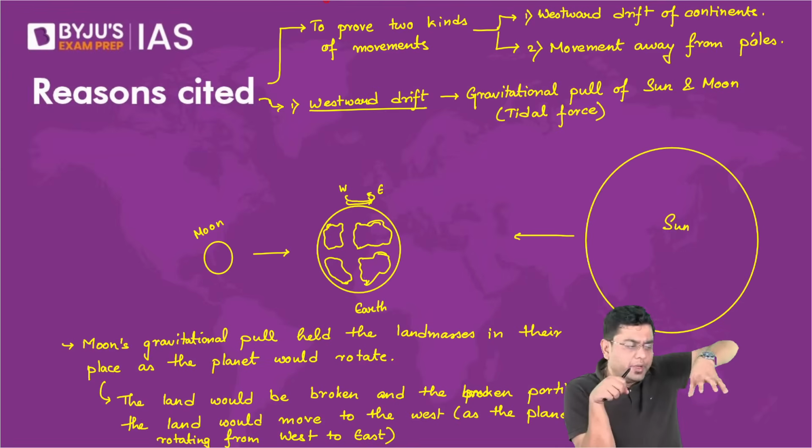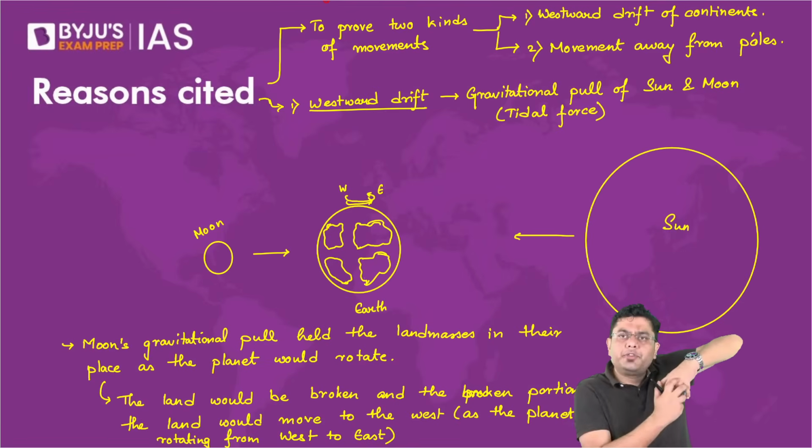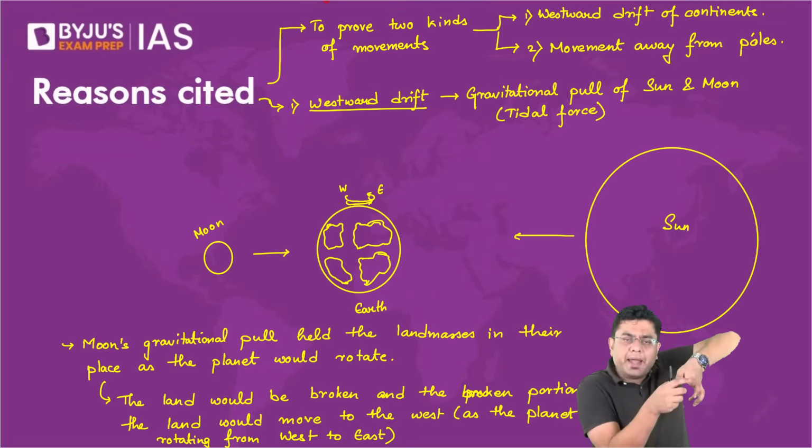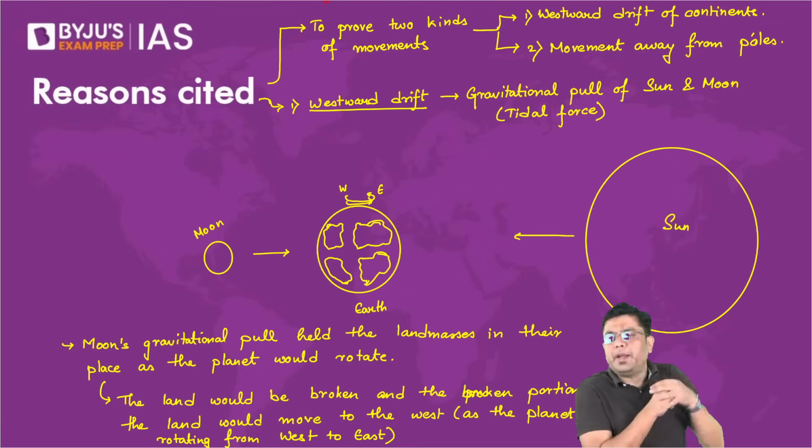Here is your moon, right? Here is your landmass, which is being held by the moon. So eventually it will break and the moon will be holding it as the planet rotates. The other part of the unbroken landmass goes with the planet, whereas this one stays where it is.